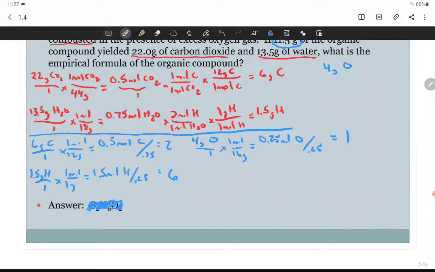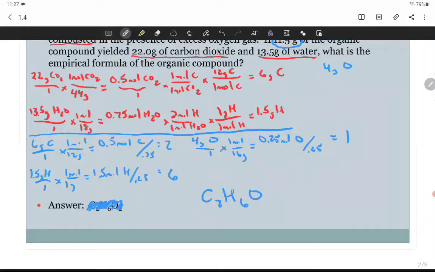So it looks like we got our empirical formula. Those are lowest whole number ratios. So 2 carbons, 6 hydrogens, and 1 oxygen.